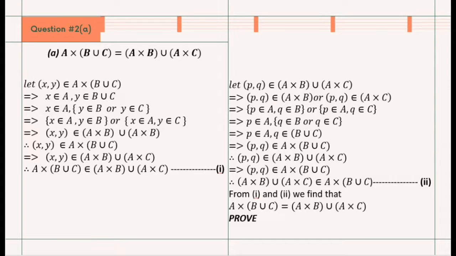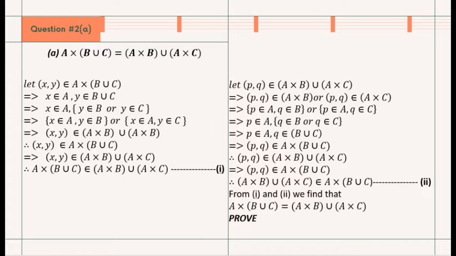Now, to prove that (A cross B) union (A cross C) is a subset of A cross (B union C), let (P, Q) belong to (A cross B) union (A cross C).